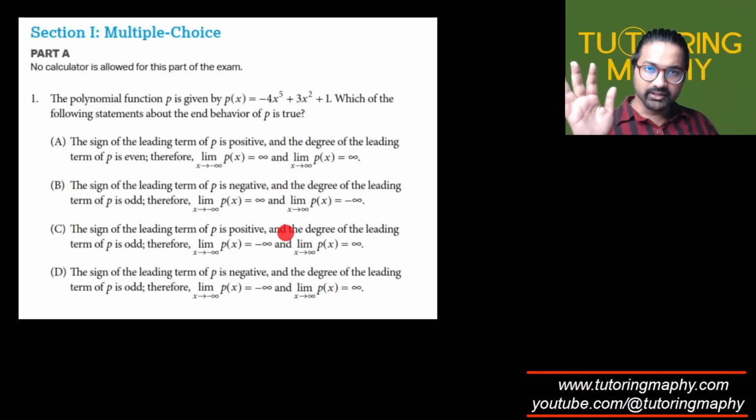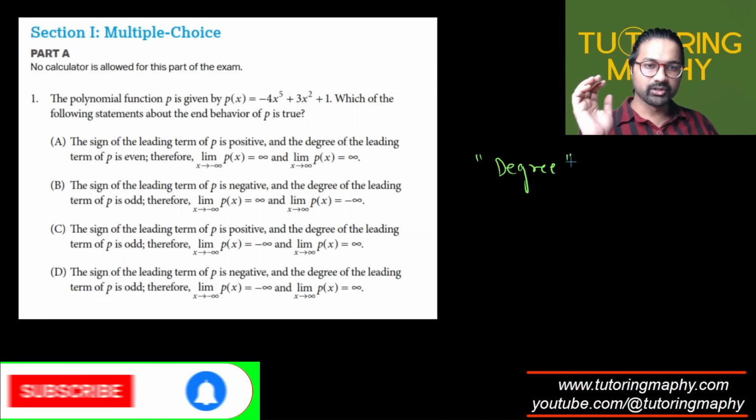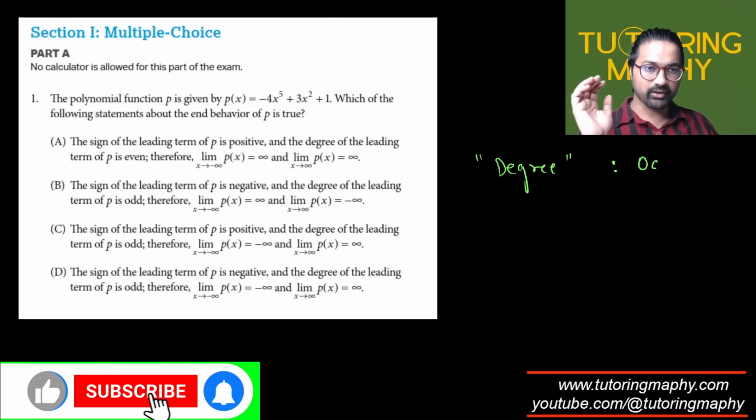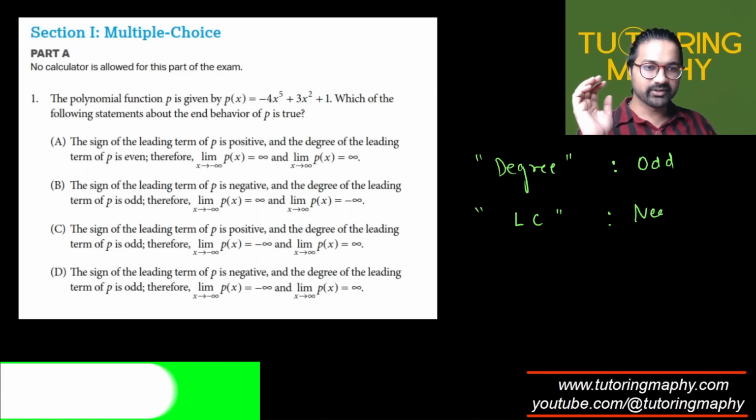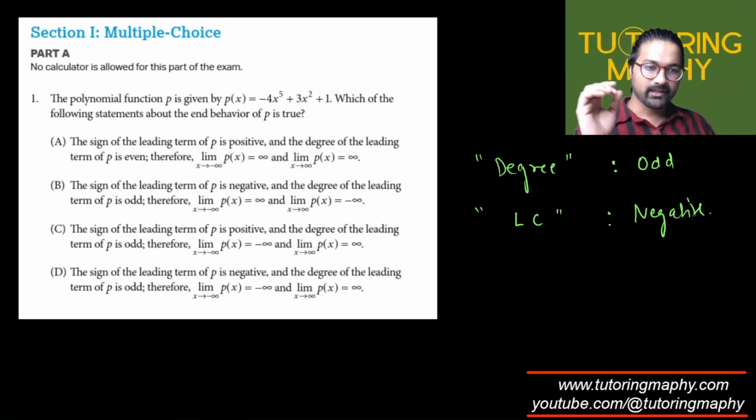So without even reading the questions, we have a very straightforward rule: if the degree of the polynomial is odd and the leading coefficient (LC) is negative, then the more negative we go on the x-axis, this term will keep on becoming positive, because that's an odd power, right?